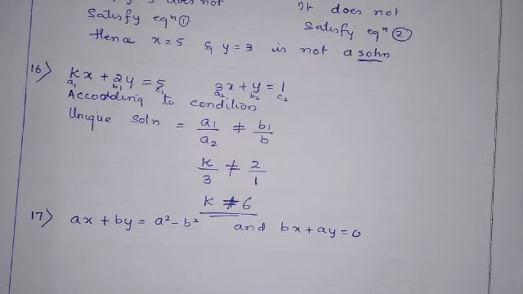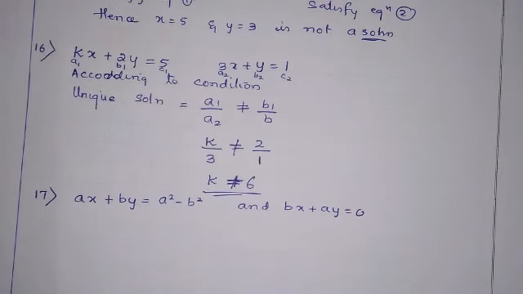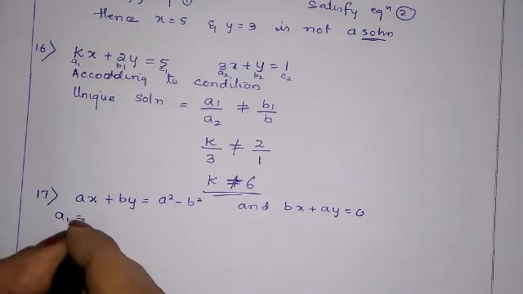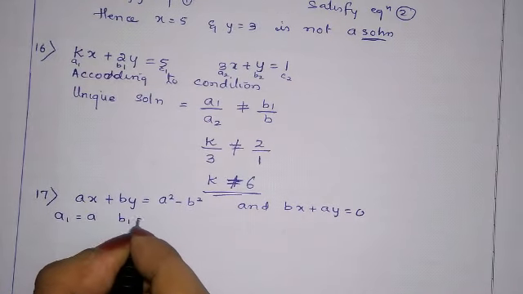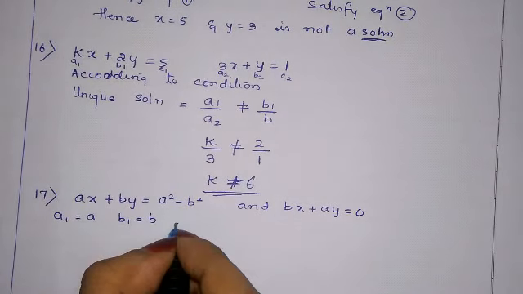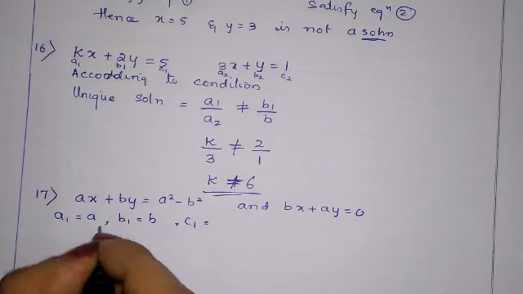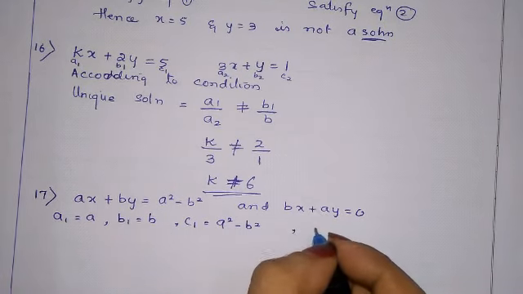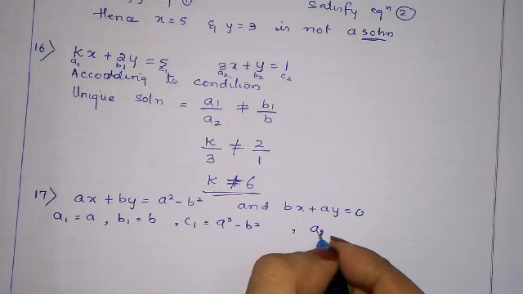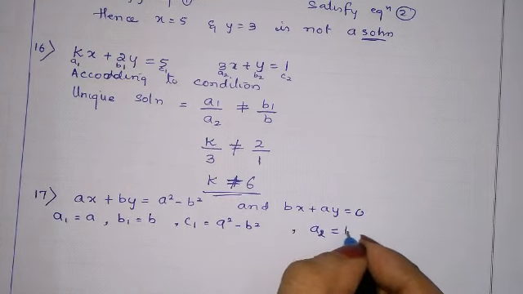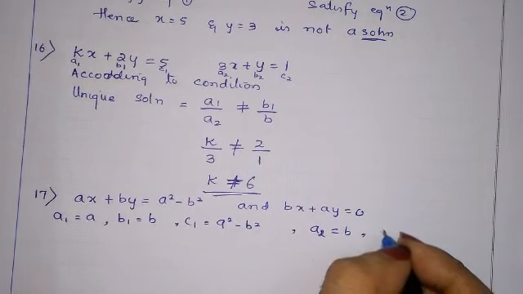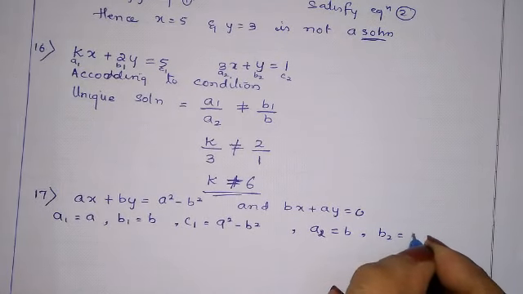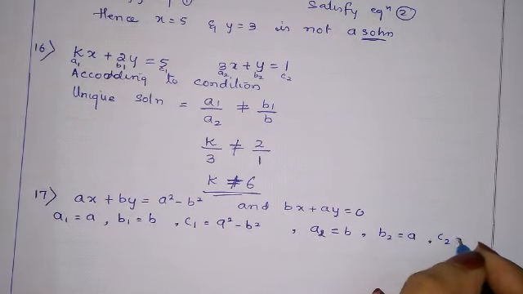Find the value of x plus y. Okay, let me write now. a1 value is a, b1 value is b, but c1 value is a square minus b square. Here, same thing, a2 value is b, and b2 value is a, c2 value is 0.